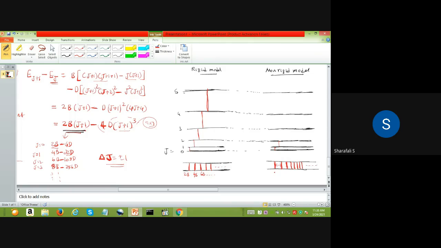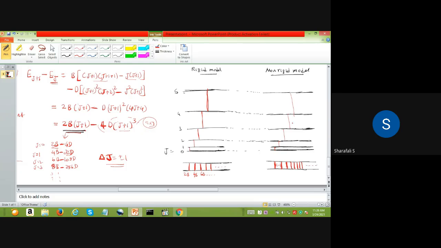So this is what will happen when you consider the non-rigid model of the molecule. This means that the molecule is having rotation along with harmonic vibration.